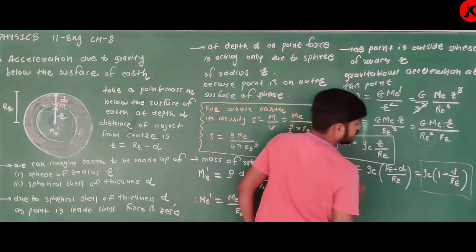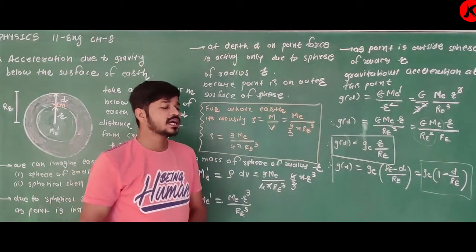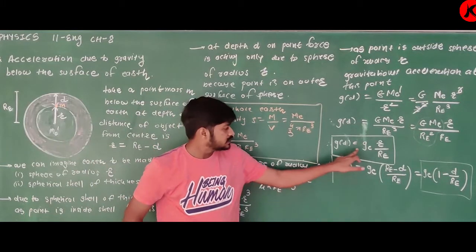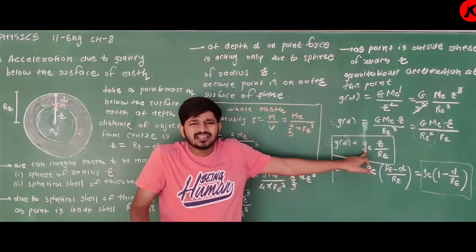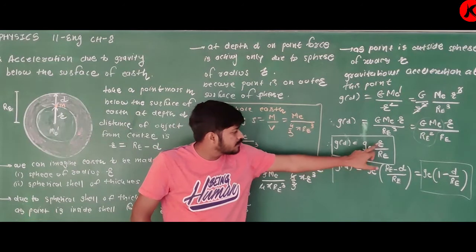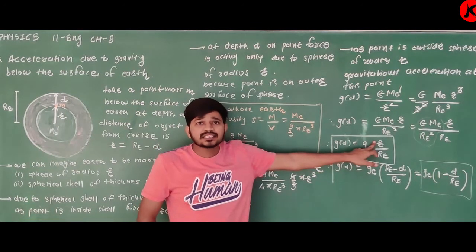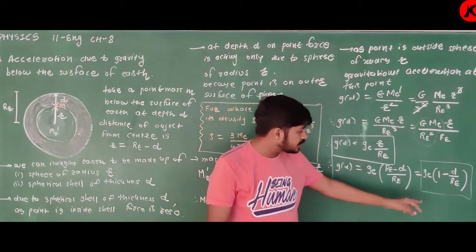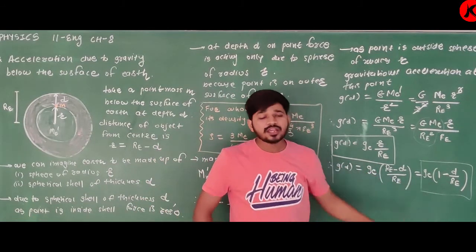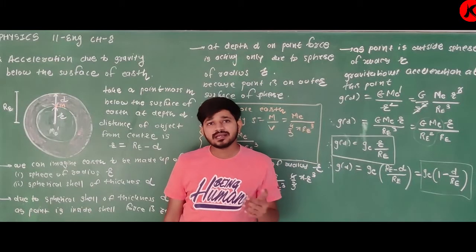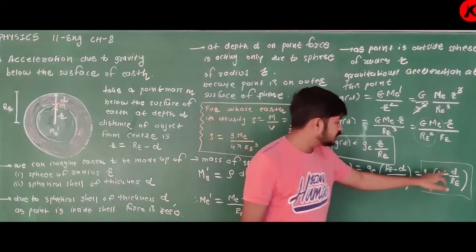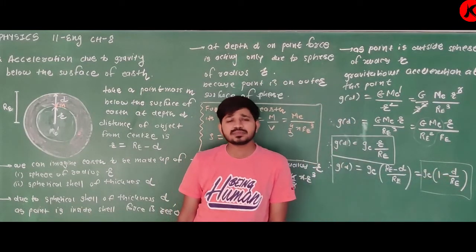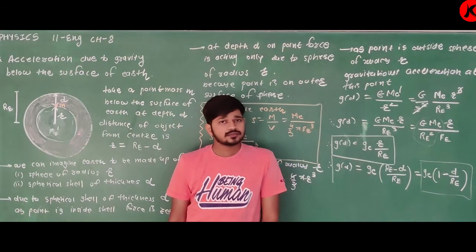GE is the gravitational acceleration at the surface of Earth, r is the distance from the center, RE is the radius of Earth, and this equation is in terms of depth. If you are asked to find gravitational acceleration at a depth of 100 kilometers, you have to put the value of d as 100. Simple, clear?